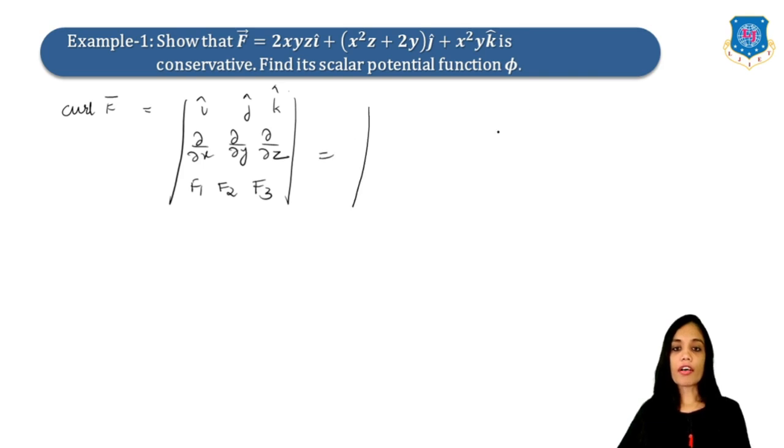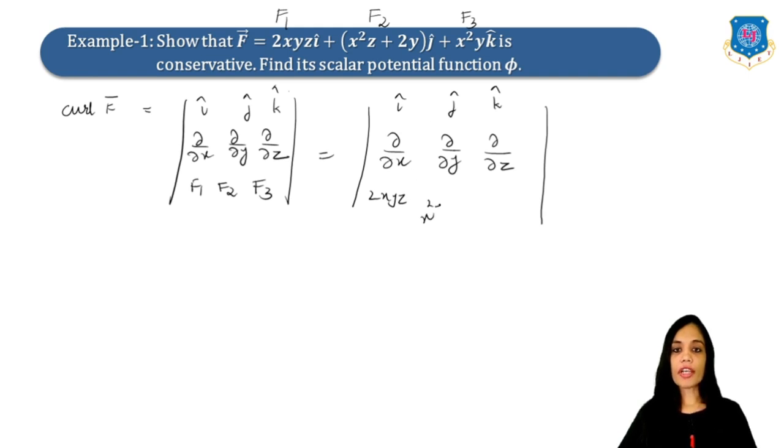Now we know what our f1, f2, f3 are. So let us put those values in the formula. These two rows will remain as they are. Now put the values: f1 is 2xyz, f2 is x square z plus 2y and f3 is x square y.